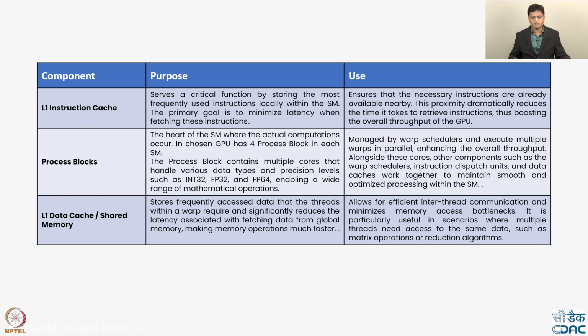These process blocks are managed by the warp scheduler, which can execute multiple warps in parallel. The main objective is to enhance the overall throughput. Alongside these cores, other components such as the warp scheduler, instruction dispatcher units and data cache work together to maintain smooth and optimized processing within an SM.